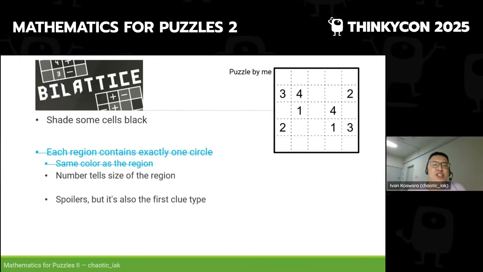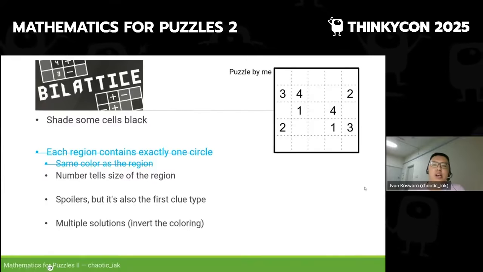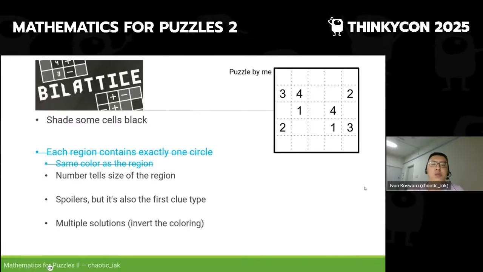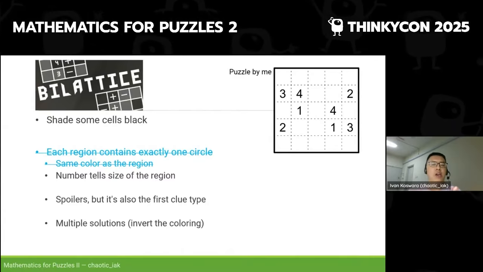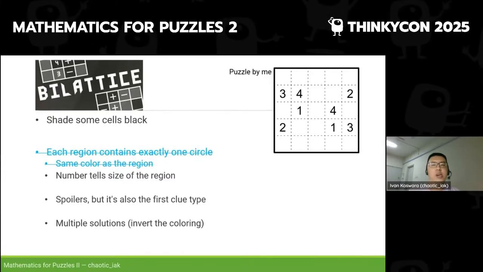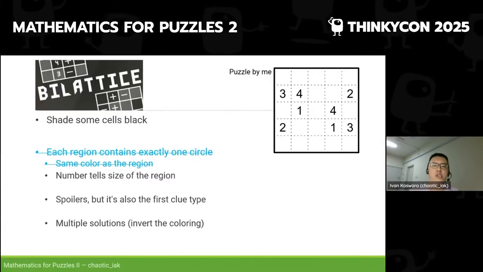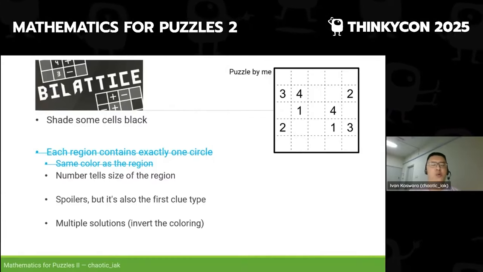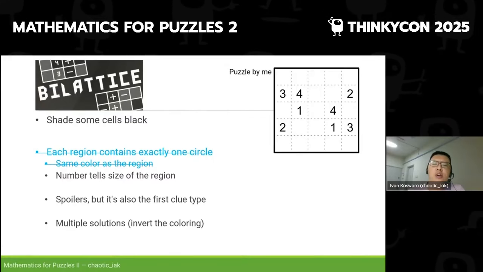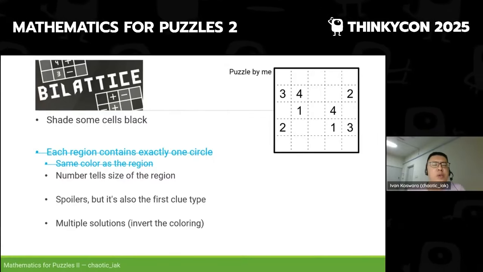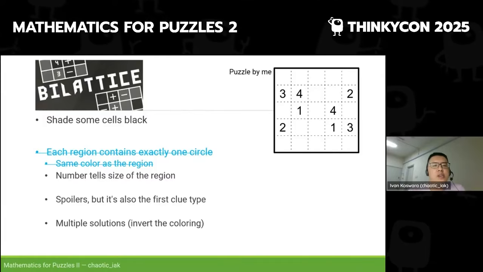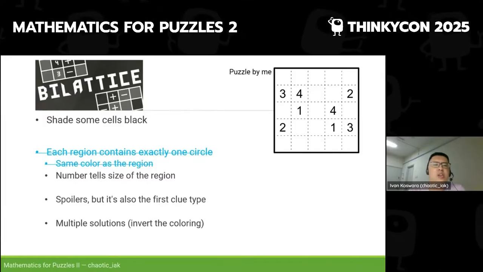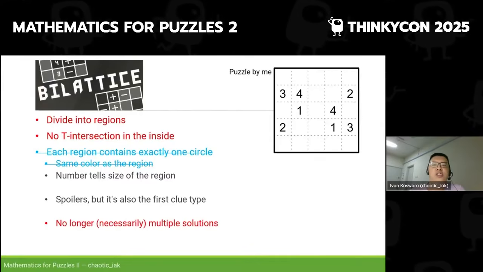And when you think about this, shade some cells black, there are going to be multiple solutions, because you can always invert the entire coloring. All the black cells become white, all the white cells become black. It will satisfy the clues as well. And for logic puzzles, people usually don't like having multiple solutions like this. That's why sometimes I think it's easier to phrase it as divide into regions.